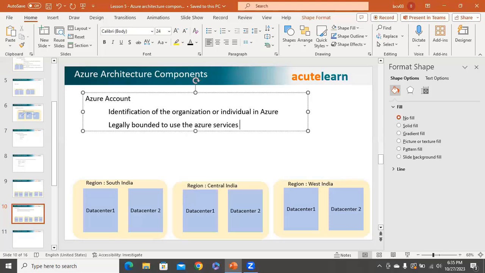So anybody who would like to consume the services of Azure needs to create an Azure account.